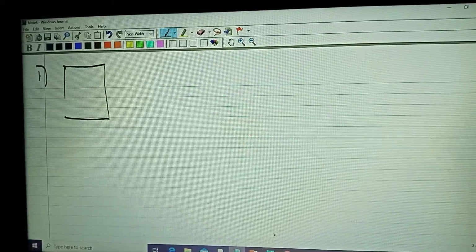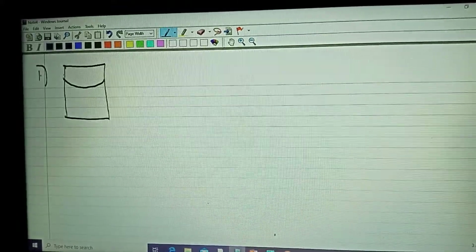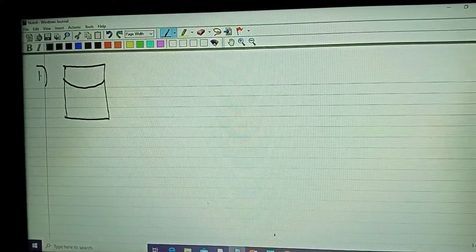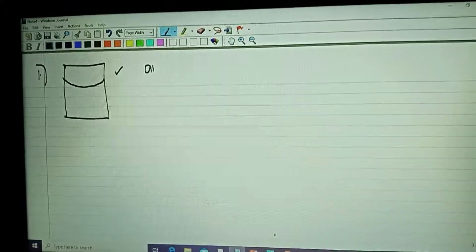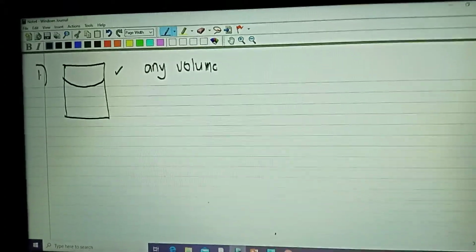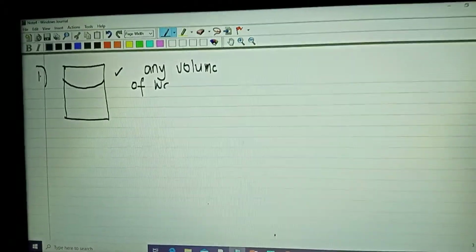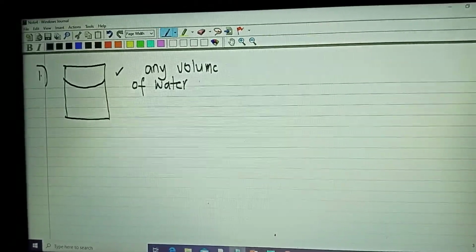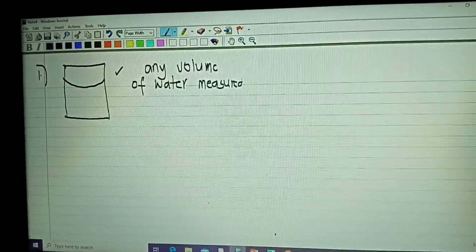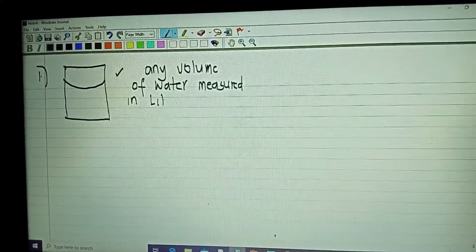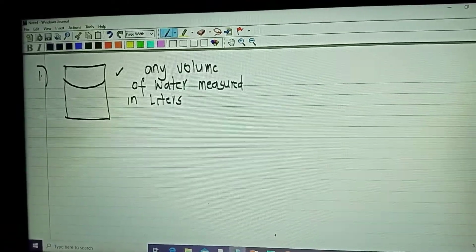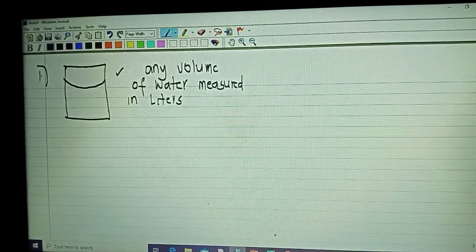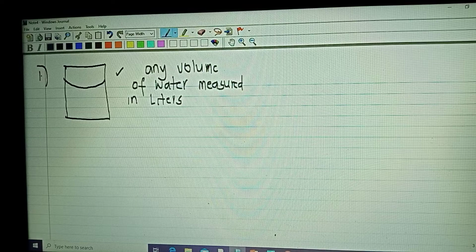This is a volume of water, any volume, measured in liters. So that is your figure. Look at the figure, class.